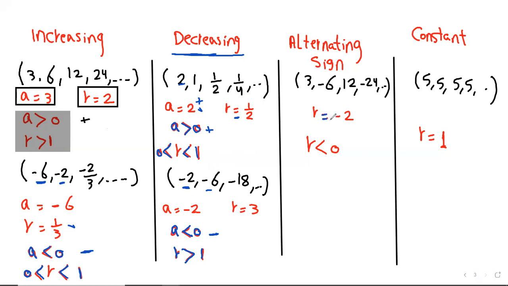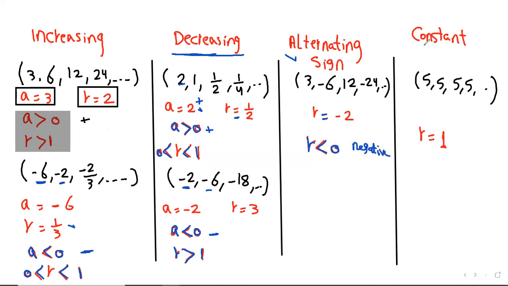The common ratio R here is less than 0. So if R is less than 0, the sequence is an alternating sign sequence. R less than 0, R is negative.